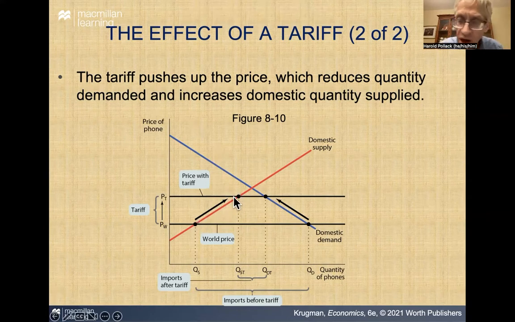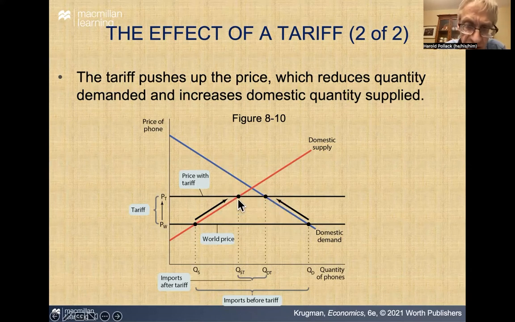So there's a deadweight loss that comes from the fact that we now are producing these phones in a less efficient way than we could get those phones on the world market before. So remember, the height of the supply curve is how much it's costing our society to produce that good. So we've got two sources of inefficiency here. One is the lost consumer surplus because the good's more expensive. That's kind of the obvious part.